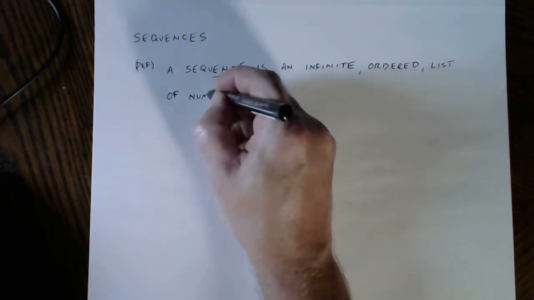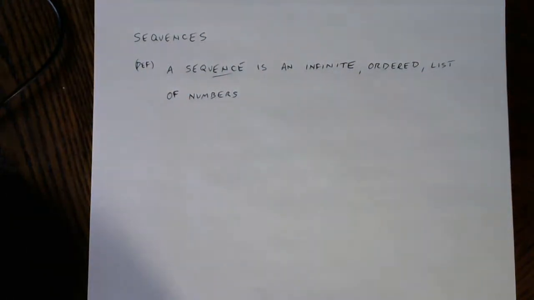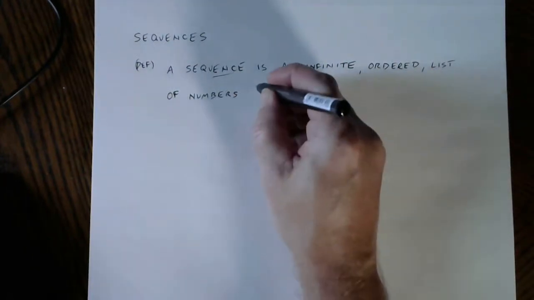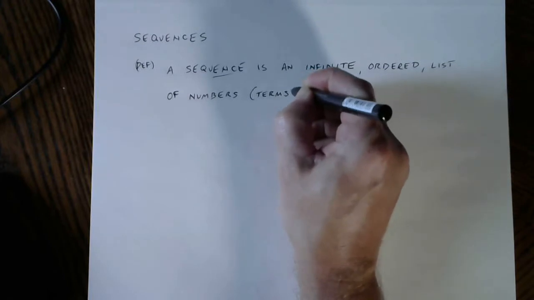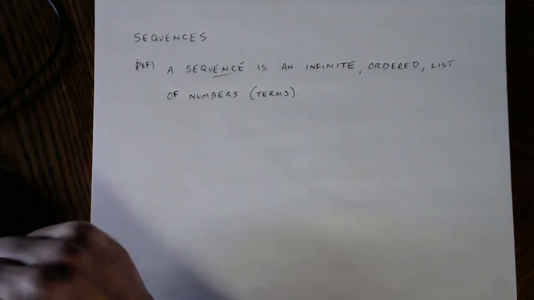I'm just going to put numbers. So this is a list of numbers that maintain a specific order, and there is essentially no end. And we call the individual numbers the terms of the sequence. That's a word that you'll hear a lot.